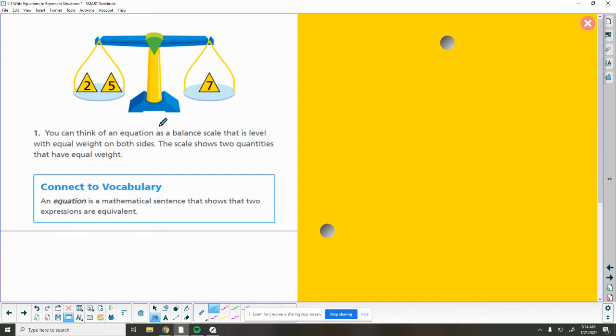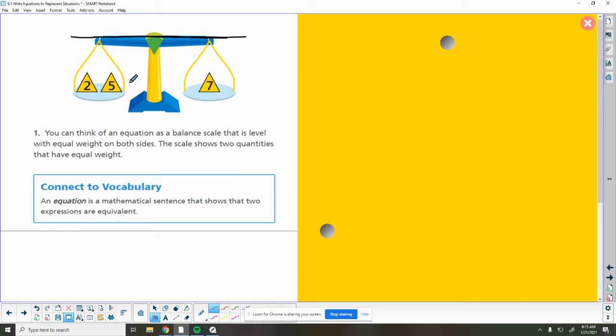So we can think of an equation as a balance scale. So when equations are true, they're the same on both sides and your balance would be perfectly straight and level. So this scale shows two quantities that have equal weight. So we can see that this is balanced.